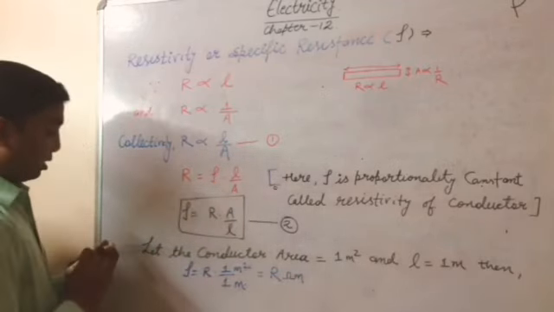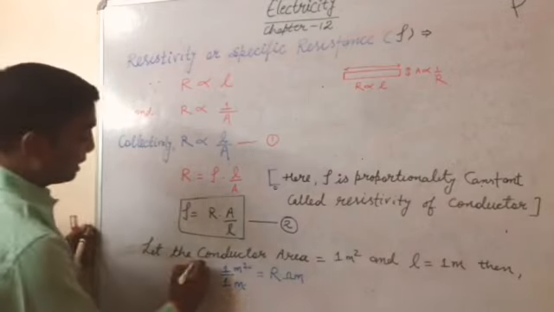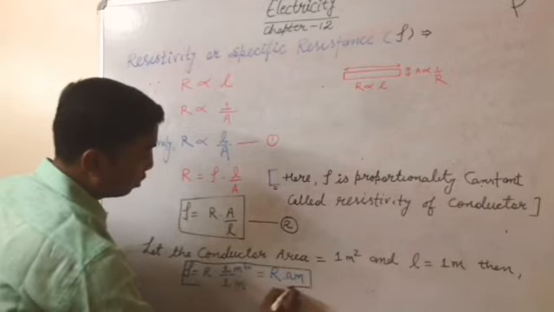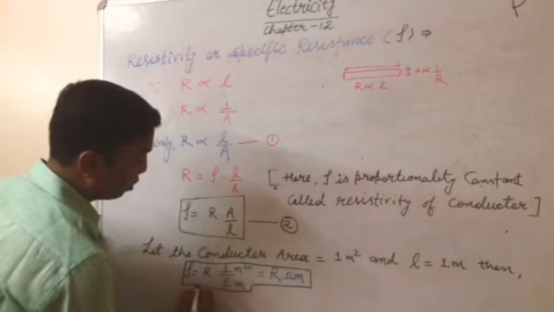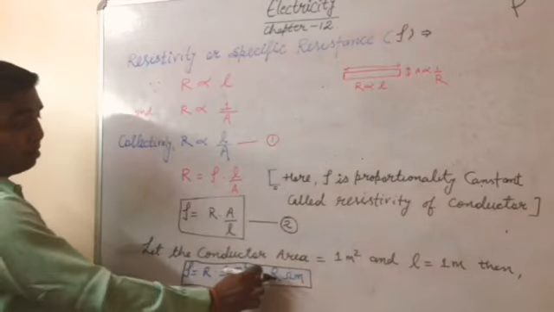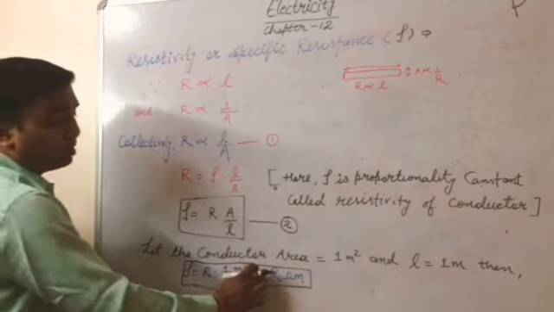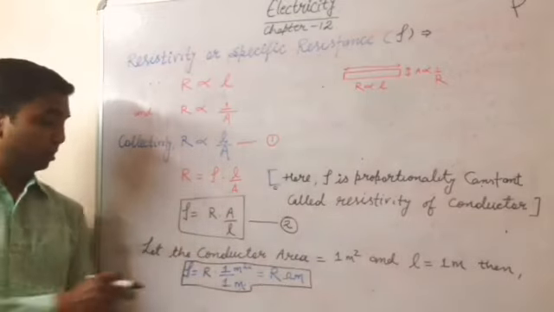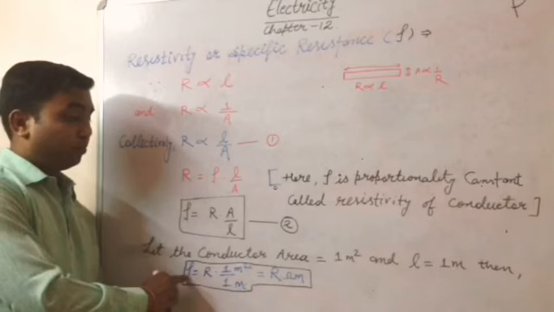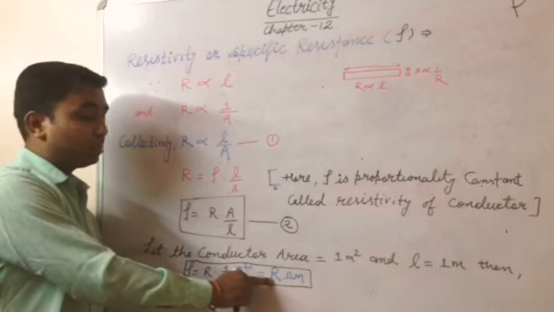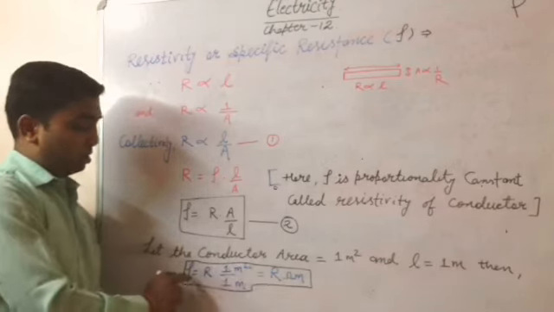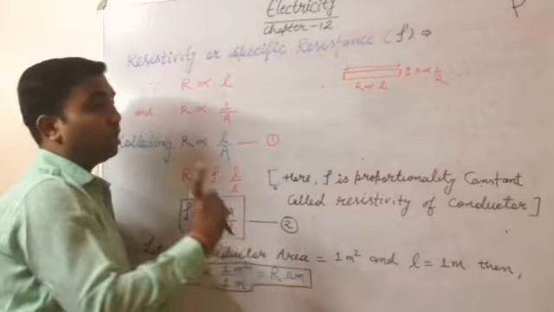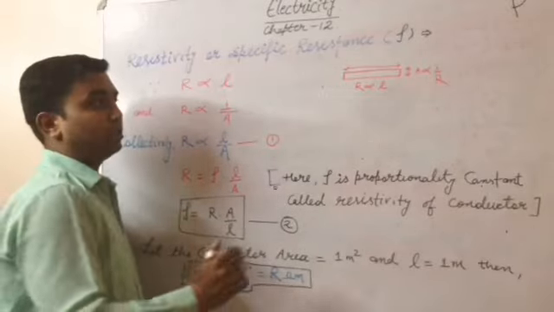So what does rho equal to R tell us? Resistivity is equal to the resistance of the conductor of unit length and unit area of cross section.